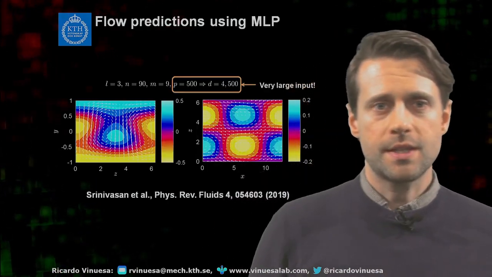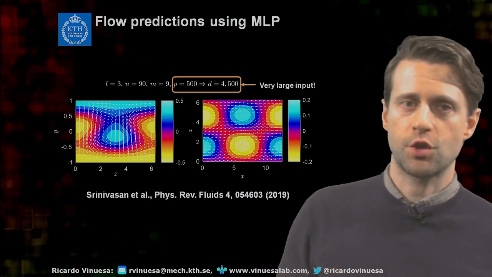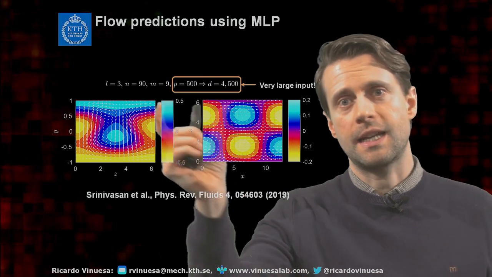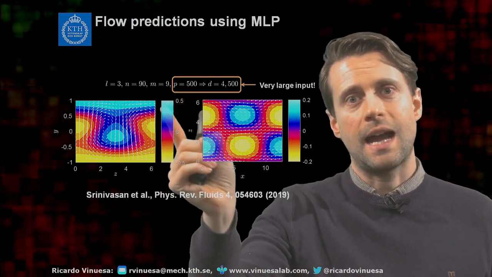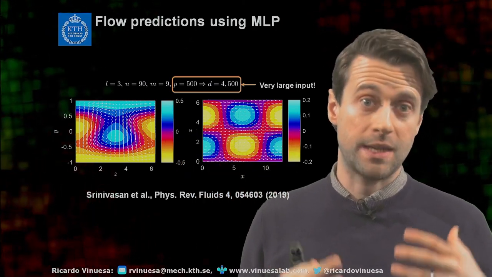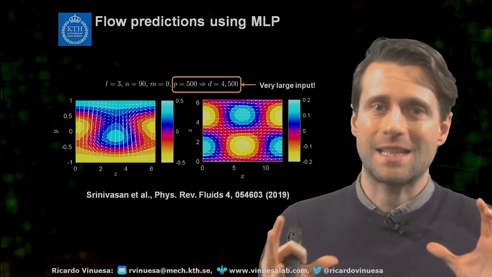So armed with this, we use our multi-layer perceptron, this fully connected architecture, to make some predictions. In an architecture with 3 hidden layers, 19 neurons per layer, and a very large number of steps to make our predictions, we get reasonable results, but not excellent results.